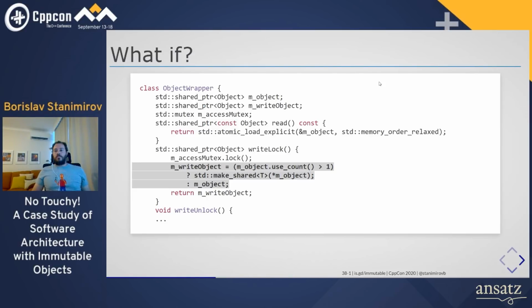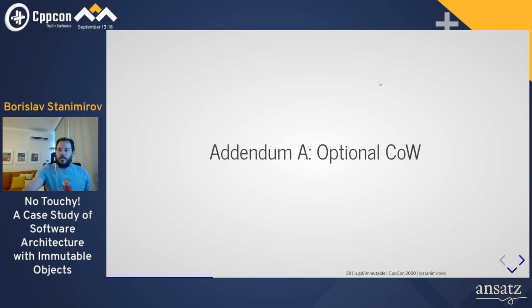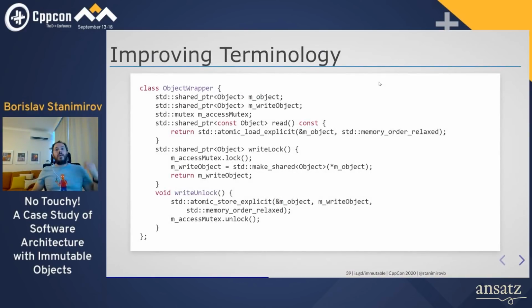Let's improve the terminology right now. We call this read, but read is too generic. I mentioned that when we always copy and write, the moment we call read for the object, even though a read lock is not needed, we receive a copy, which in the very next moment can be outdated.